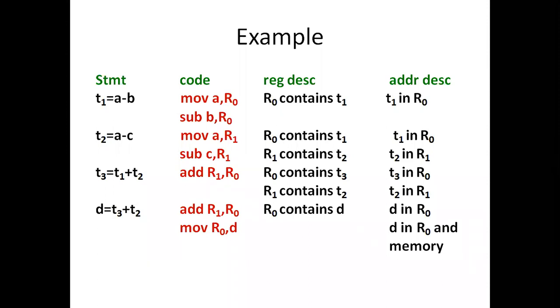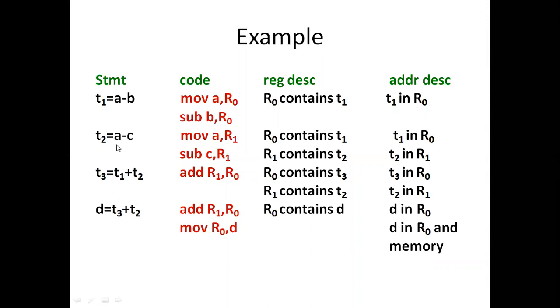Here we are using only registers, a direct register, so we are using addressing mode R. And the third field is whether we are using the storage location or register location. Here we are using the storage location, and the name of the storage location is R0. And for the first intermediate statement, the code sequence, the register descriptor and the address descriptor are completed.